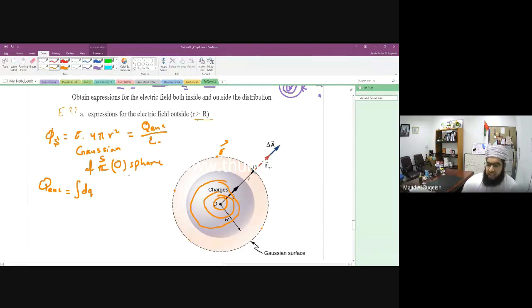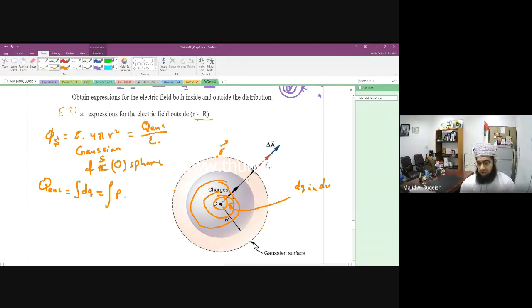So this actually equals adding all of these small delta Q. Let's call this one, to understand what delta Q is. Delta Q is in delta V, the small delta V here. I want to add all of these delta Q. So that means I should know the rho that I have been given, but it's changing.